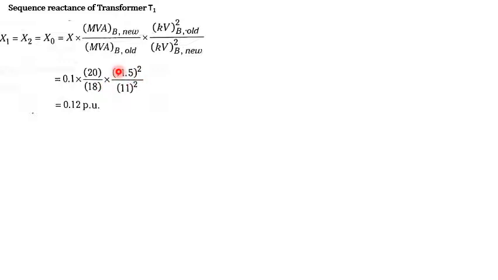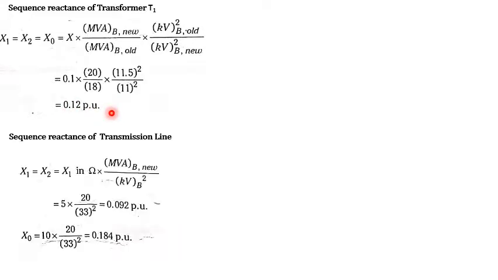However, you can consider the transmission line side as well, there is no such difference. Consider this is the old value given on the transformer, for the primary side rating it is 11.5 and the new value is 11 kV. This is squared, so we'll get 0.12 per unit.